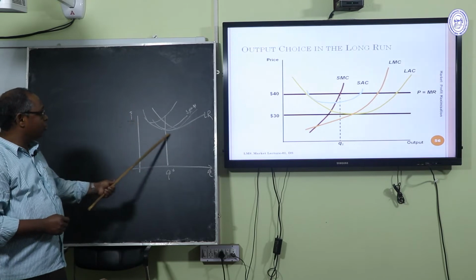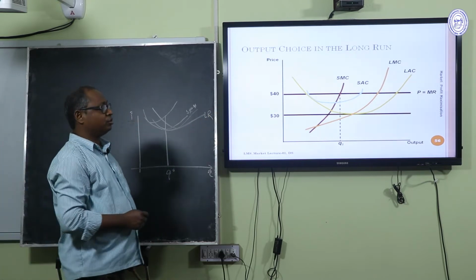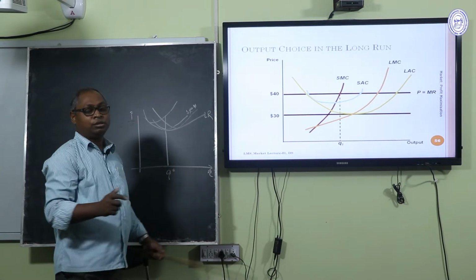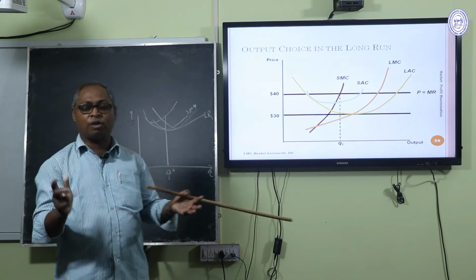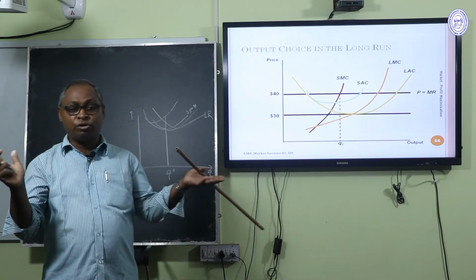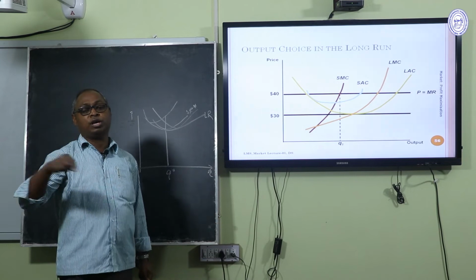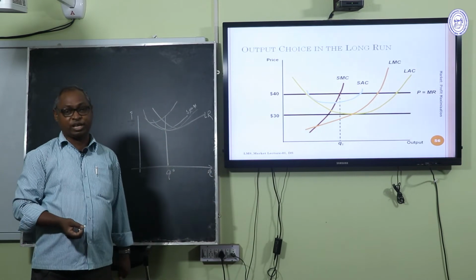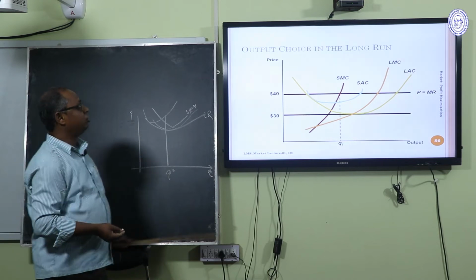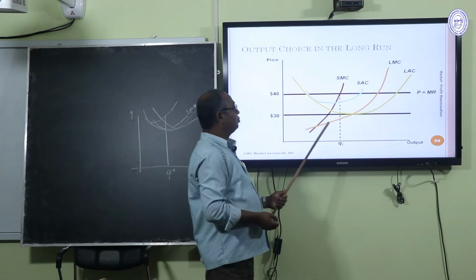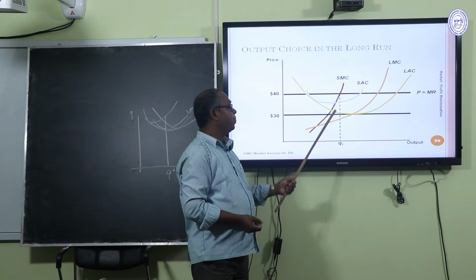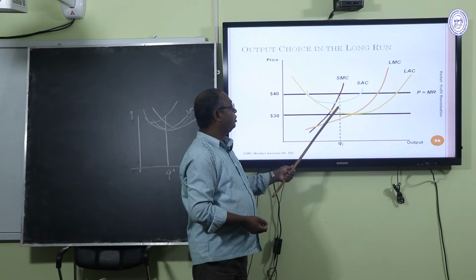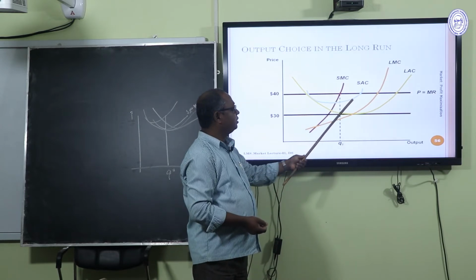So the long run average cost line is the combination of the set of, or the envelope of, all short run curves with different scales of production. So here we choose to produce Q star, and here we are using this plant size.